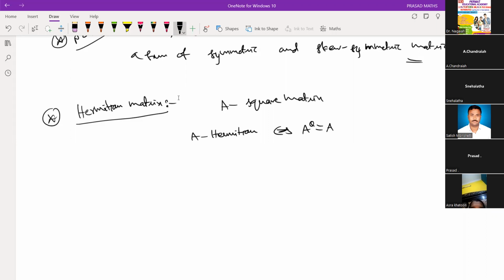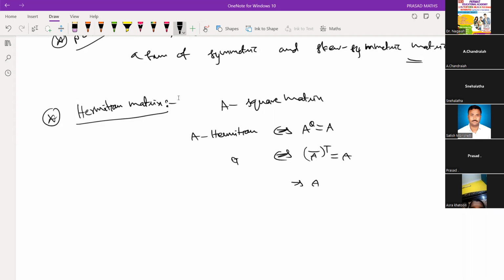That is the same as saying that the transpose of the conjugate of A is equal to A.